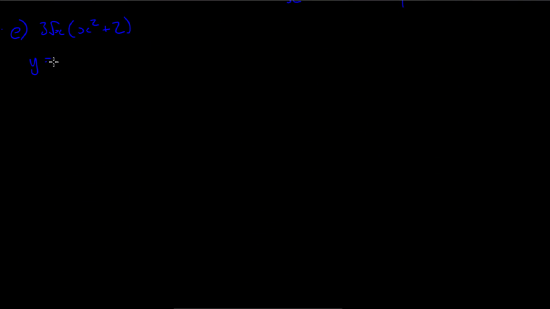This is, of course, a product rule. We've got a function of x multiplied by a function of x. In this case, u equals 3 root x. v equals x squared plus 2. We've got du dx, which is going to be, we got that root x again, so we know that's going to be 3 times 1 on 2 root x on the bottom there.